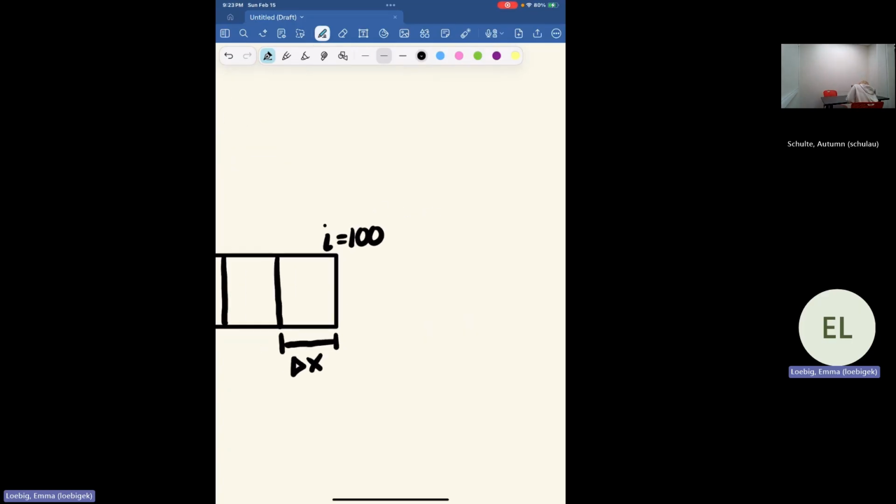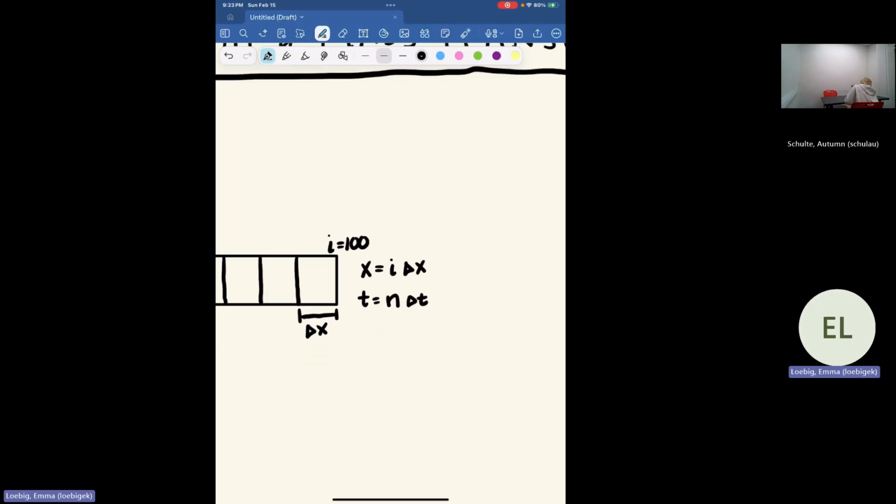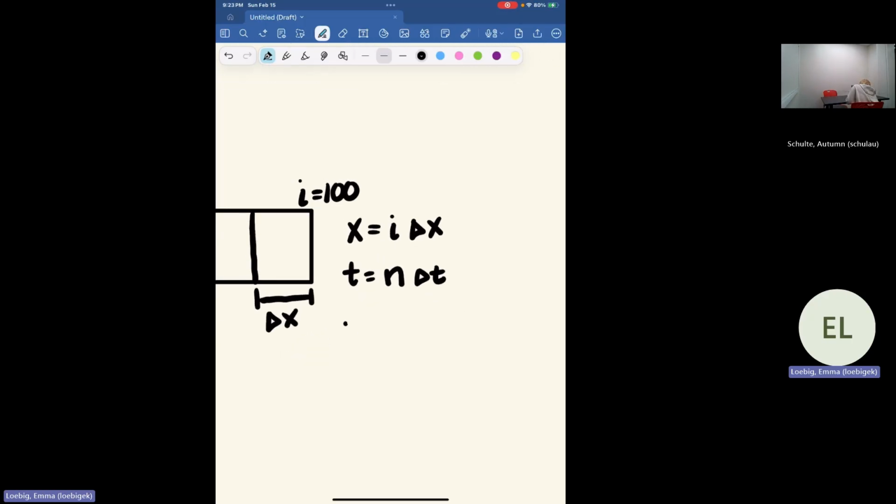Now, to represent our position, we're going to have to multiply our change in position by our counter, whatever slice we're at. And to model our time, we're going to have to take our change in time and also multiply by a counter, and we are going to use the variable n as our counter for time. And we're going to say that delta x is equal to 0.1 meters, while delta t is equal to 0.1 seconds.